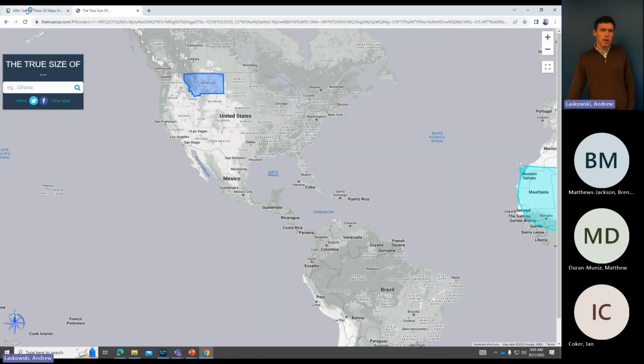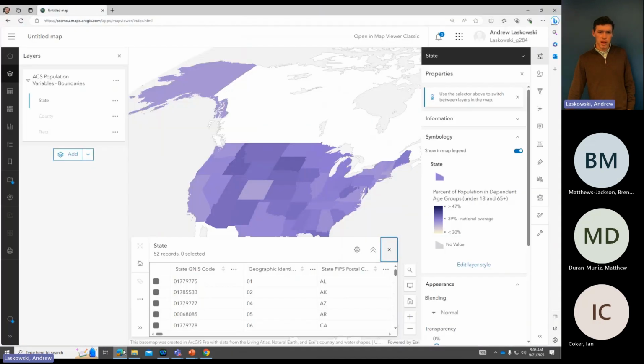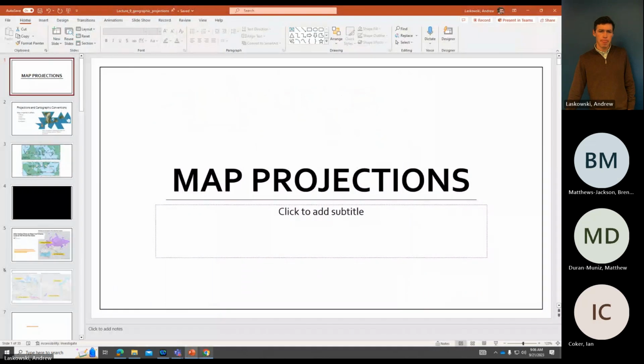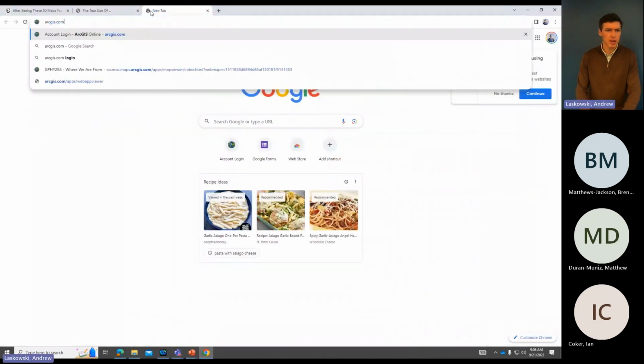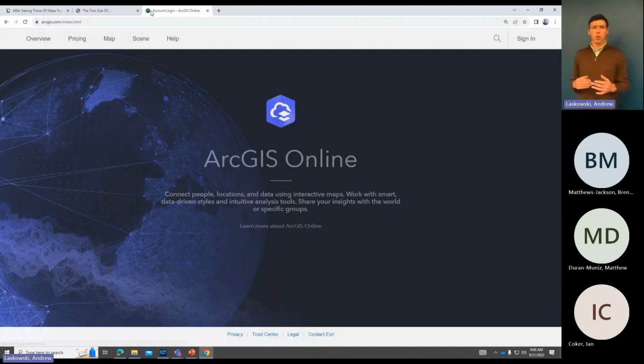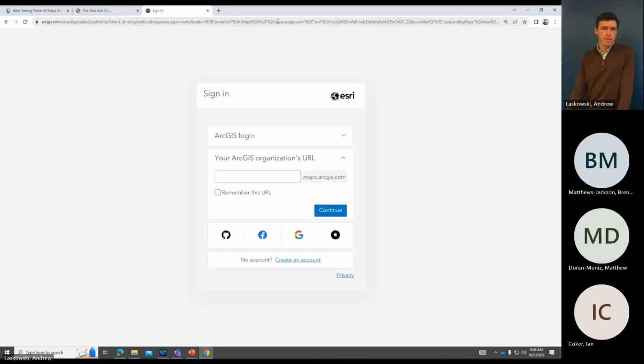All right, we're going to do a quick exercise in ArcGIS Online. If you would like to follow along, feel free to do that. One thing you'll notice about ArcGIS Online is that it is actually quite difficult to change your map projection.